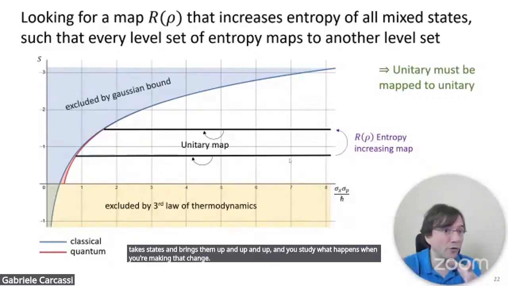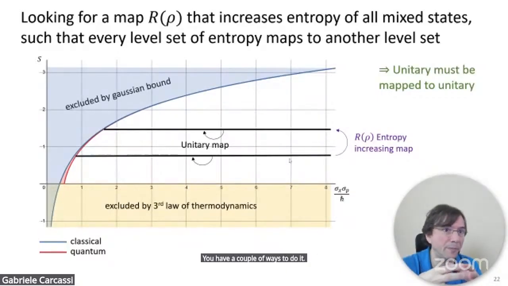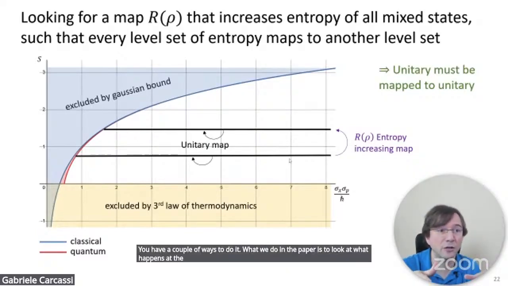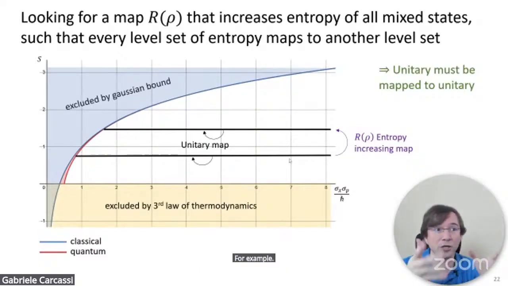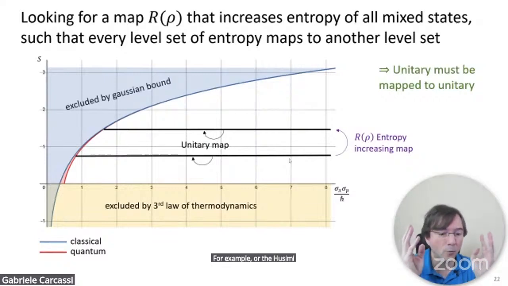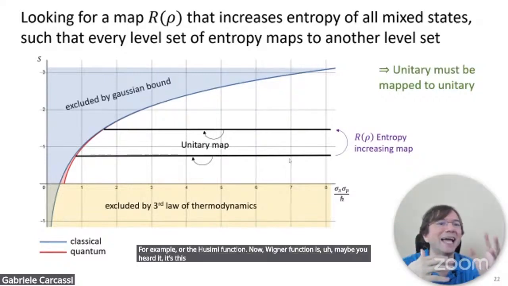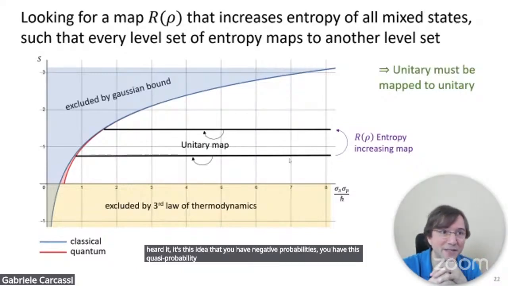You have a couple of ways to do it. What we're doing in the paper is looking at what happens to the Wigner function, for example, or the Husimi function. The Wigner function, maybe you've heard of it, is this idea that you have negative probabilities. It's a quasi-probability distribution in phase space, a function that integrates to one.